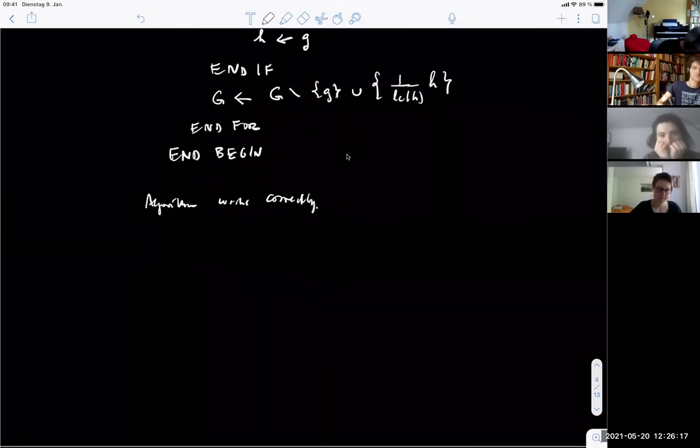So now I have this nice little theorem saying that reduced Gröbner bases are unique.